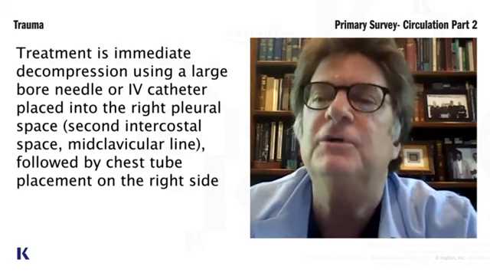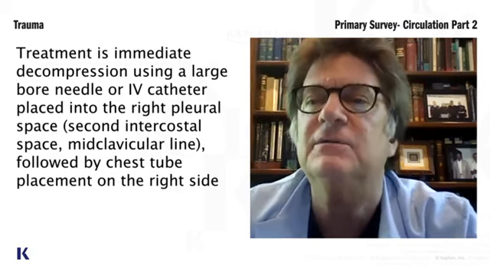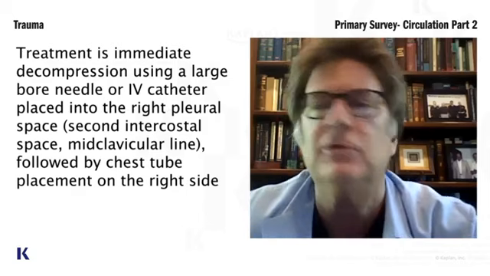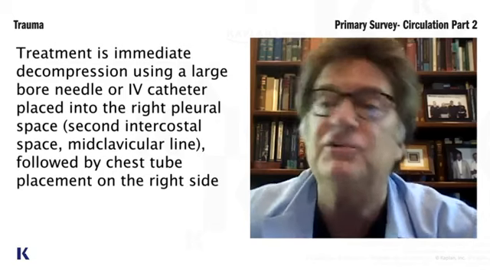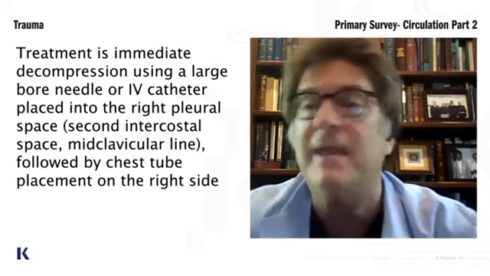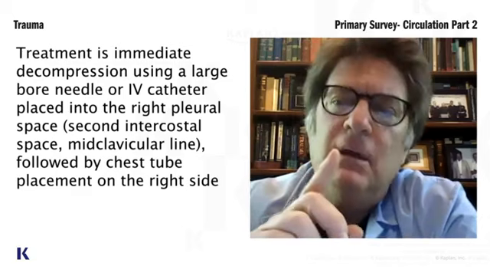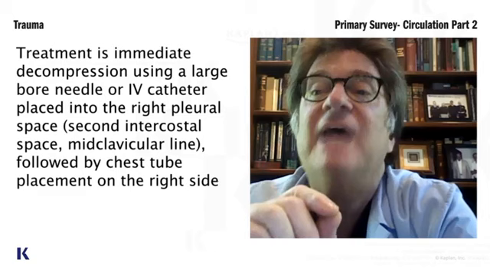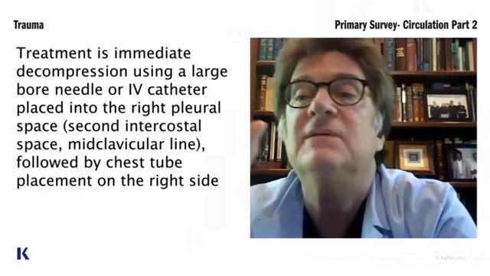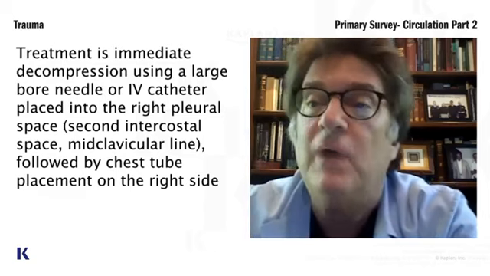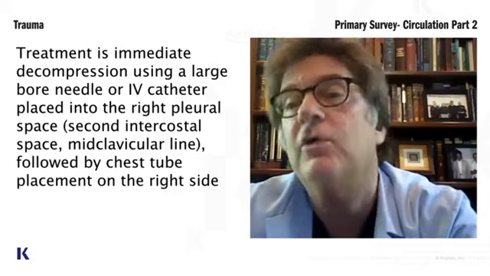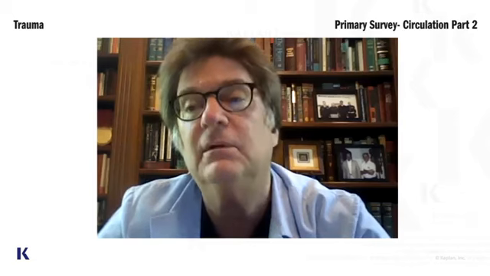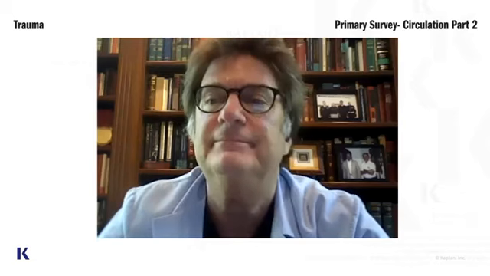The reason you put it in the second intercostal space is that in all people, all anatomy, whether you're muscular, not muscular, thin, heavy, whatever, man, woman, the distance between the skin and the pleura is that far. That's why it's very accessible. After you put the chest tube in, you take out the needle.